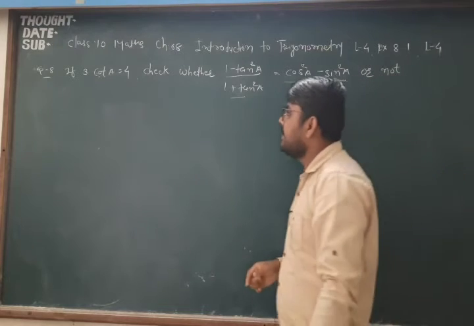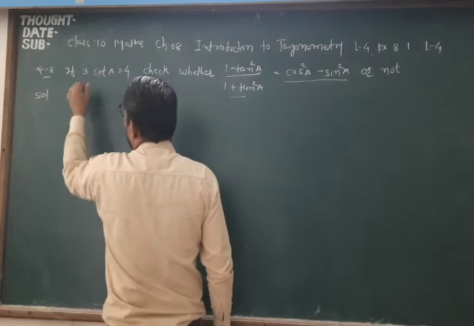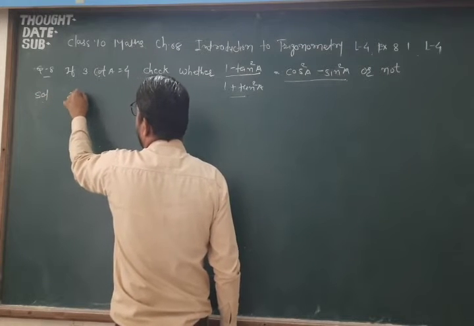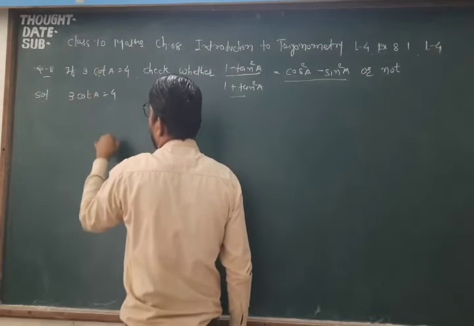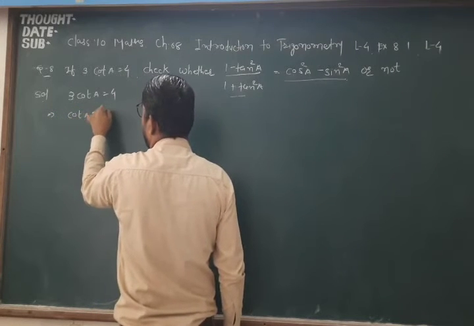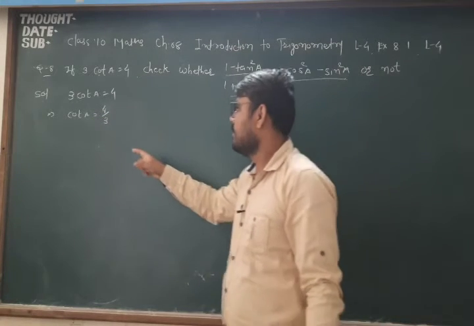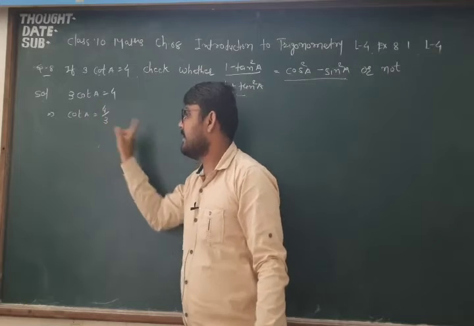So friends, what is given to us? We are given 3 cot A equal to 4. So can we write in this way, cot A equal to 4 by 3? The value of cot is 4 by 3.